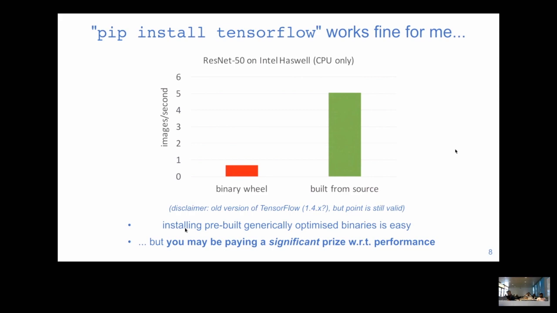There were no GPUs here, so these numbers are quite low, but it helps to state my point. When we were building TensorFlow from source, we saw a 7x speed up just by building TensorFlow from source and properly optimizing it for Intel Haswell rather than using the generic binaries we got with pip install TensorFlow. So depending on how you install the software, you may be losing a lot of performance without actually realizing it.